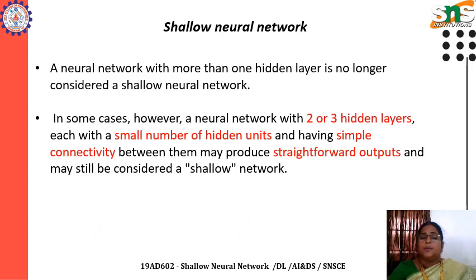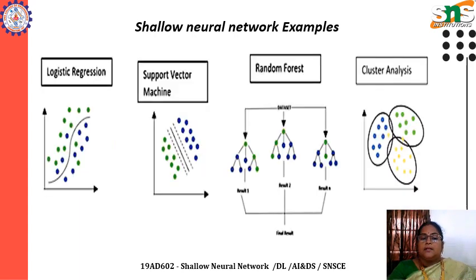A neural network with more than three hidden layers is no longer considered a shallow neural network. A neural network with two or three hidden layers, a small number of hidden units, simple connectivity, and a straightforward output is said to be a shallow network. Let me discuss some examples.